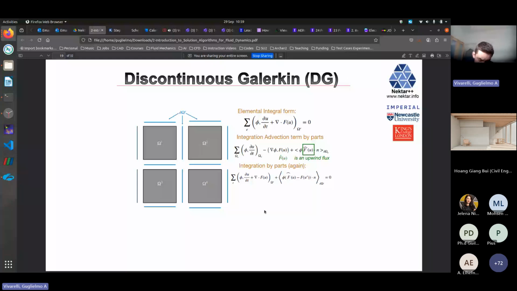Because if you remember, the divergence theorem takes the divergence of a quantity integrated inside a control volume if you're a finite volume person, or inside an element if you're a finite element person, or a general volume, and equates it to the dot product of that quantity with the normal to the surface, integrated over the surface.